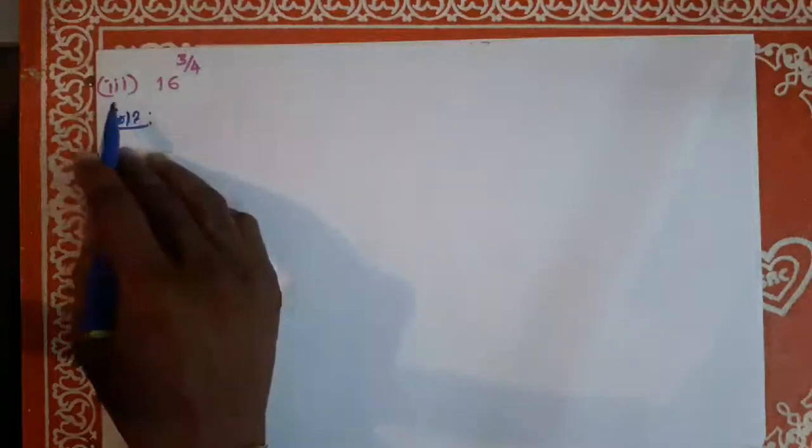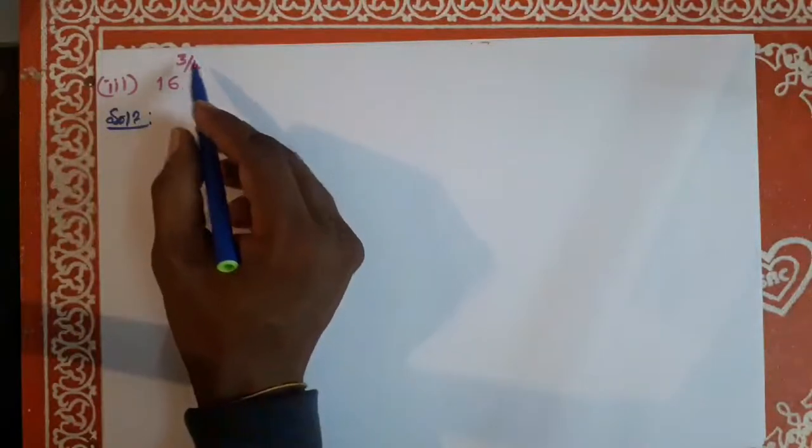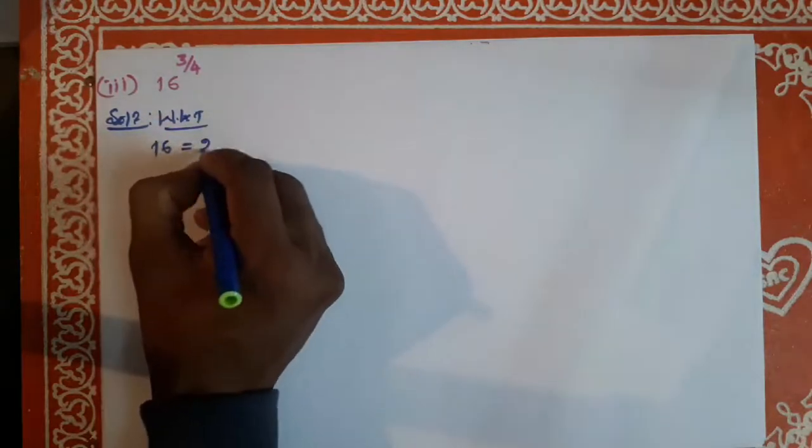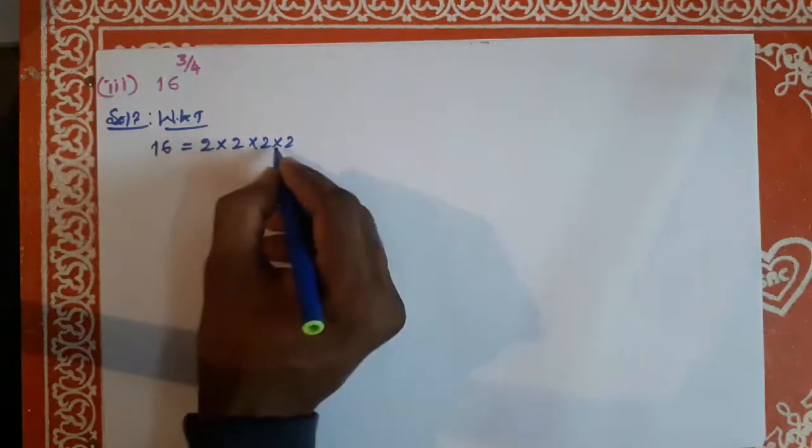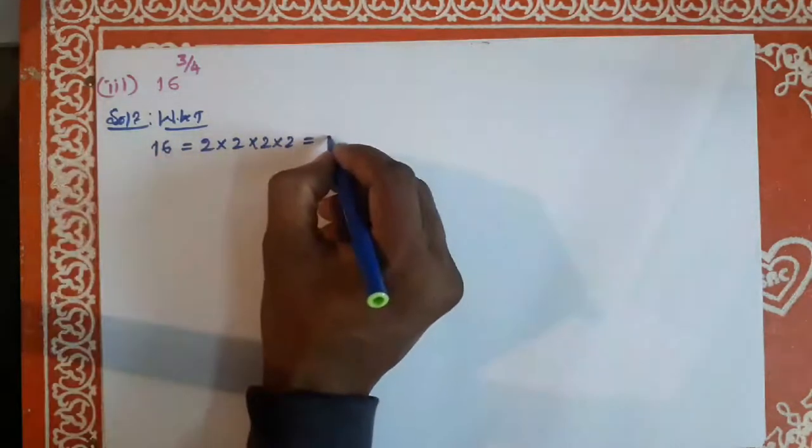Dear students, we have third question here, 16 to the power of 3 by 4. We know that, how can 16 be written? 16 is equal to 2 into 2 into 2 into 2. 2 twos are 4, 4 twos are 8, 8 twos are 16. Written in exponential form, that is 2 to the power of 4.